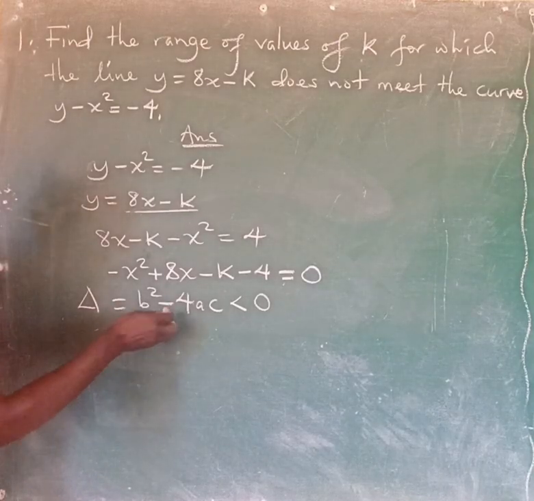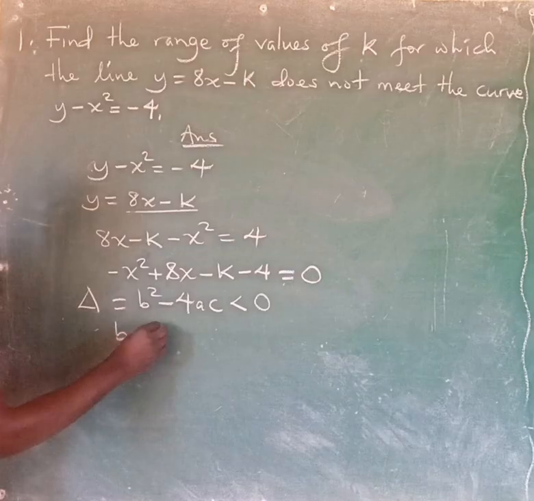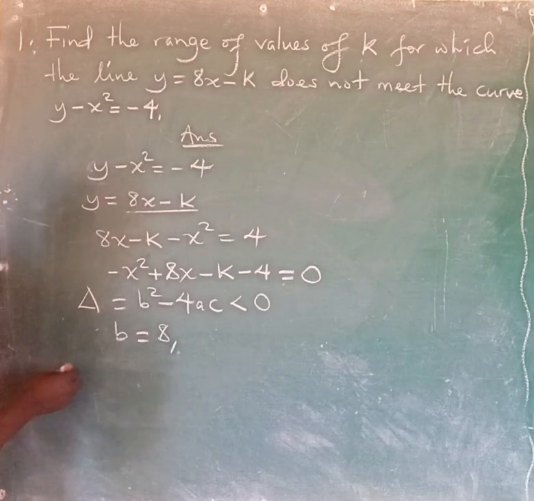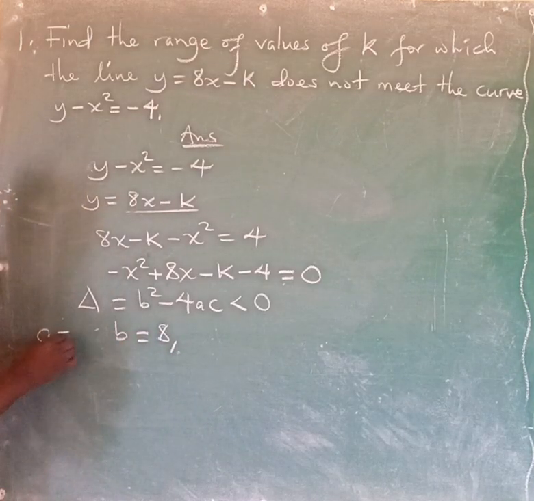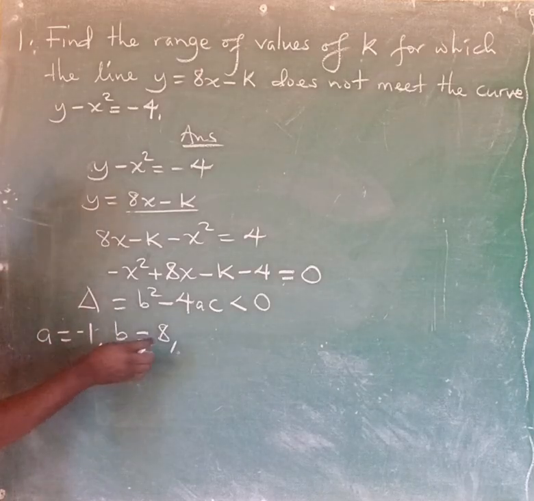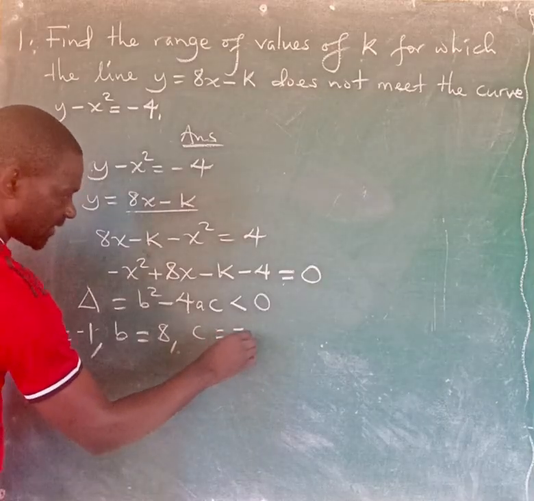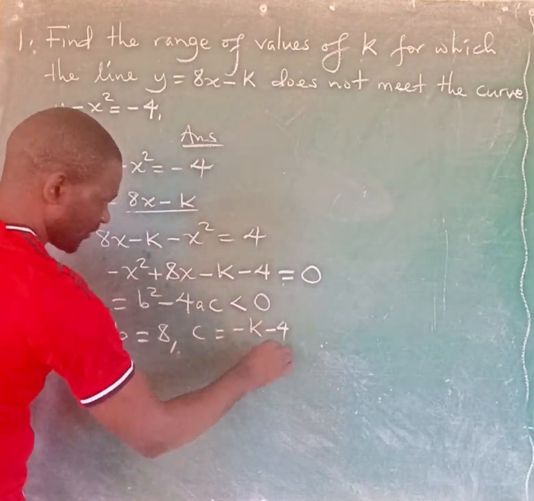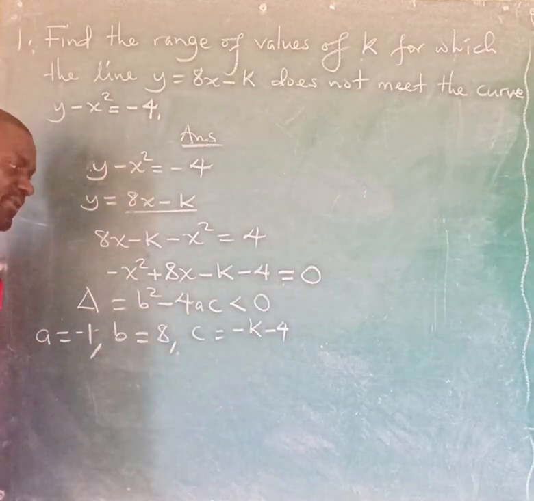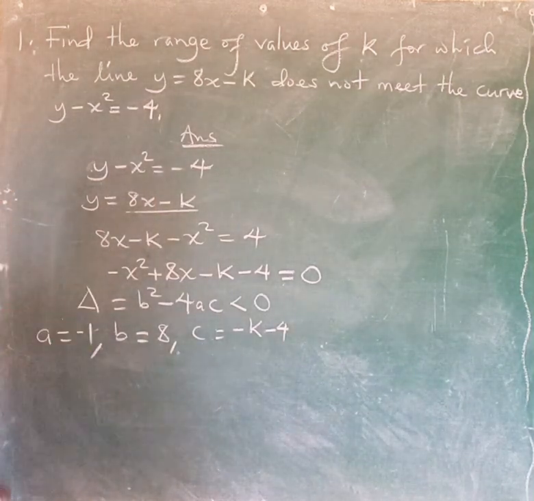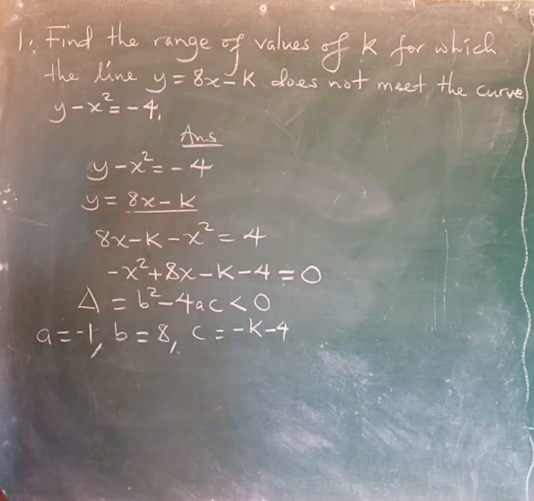Let me start with a. Our a is simply -1. Our b is the coefficient of x, which is 8, and our c is negative k minus 4, or we can factorize this part to get negative, open brackets, k plus 4.